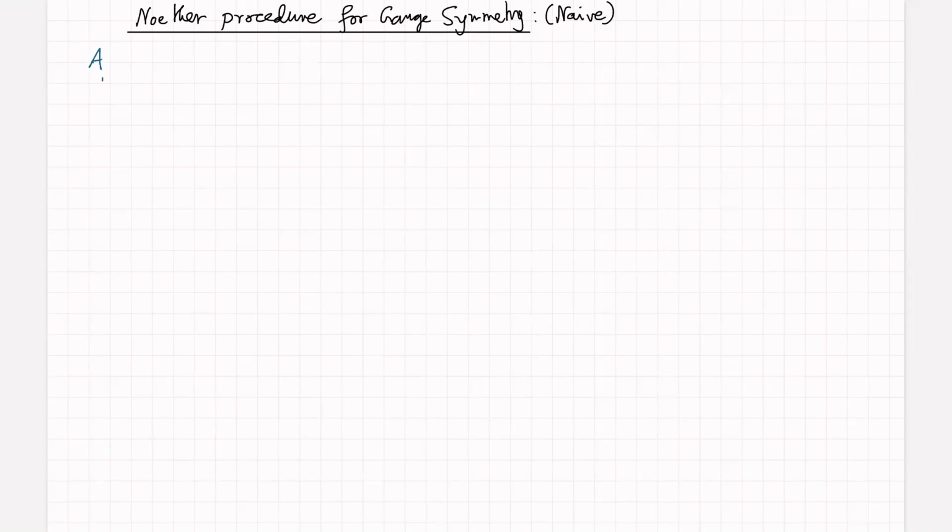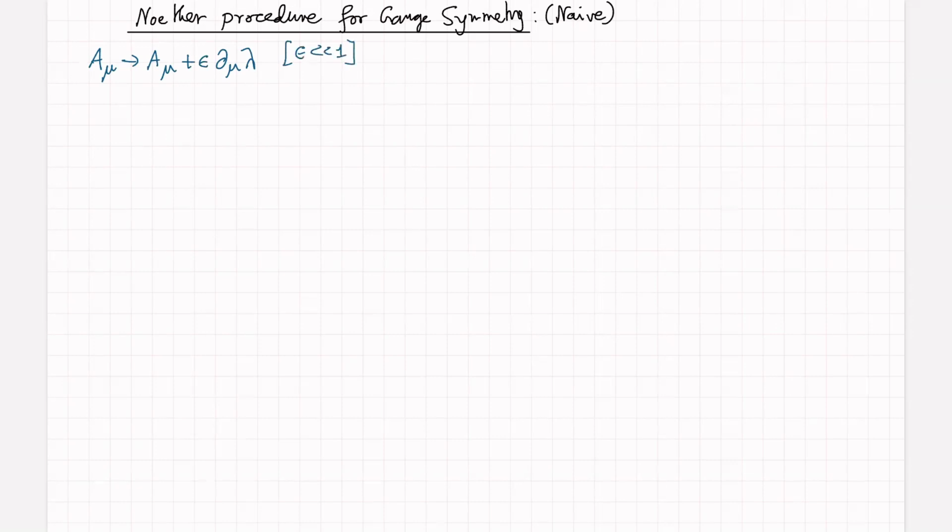So remember, the gauge transformation was A_mu going to A_mu plus del_mu lambda. In Noether's prescription, you want to look into an infinitesimal change, right? So let's put a constant, very small number epsilon in front of it as a bookkeeping device.